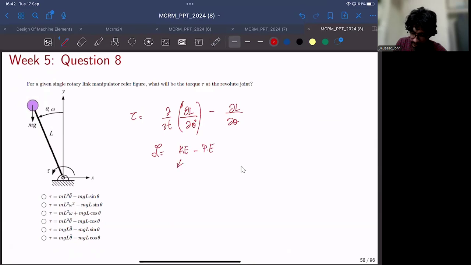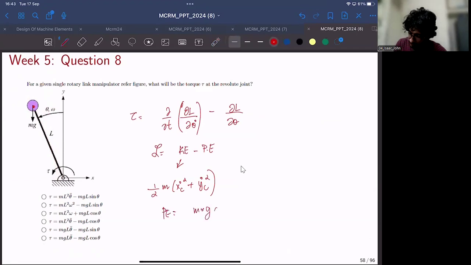So Ke is nothing but half m times xc dot squared plus yc dot squared, where xc and yc are the position of this bob. You can obtain this in terms of L and theta, because yc is L cos theta and xc is minus L sin theta.